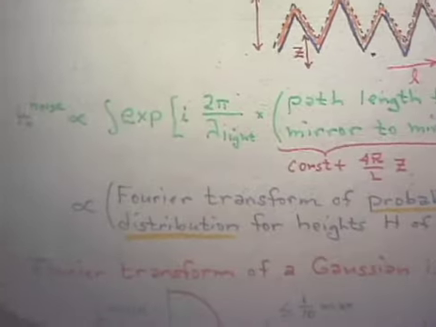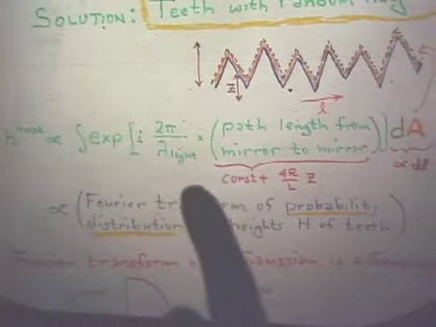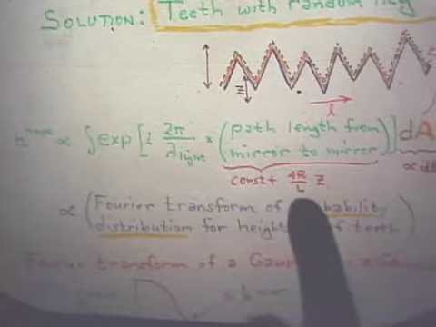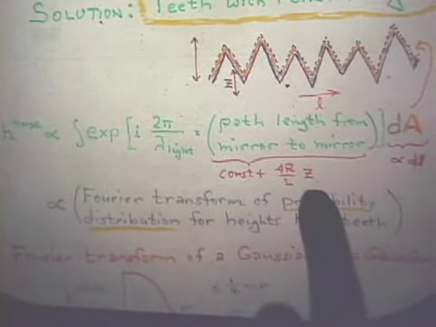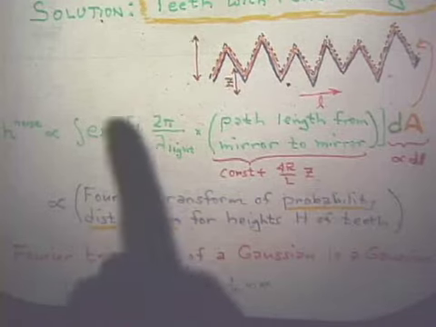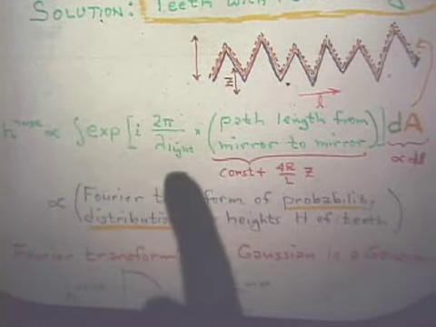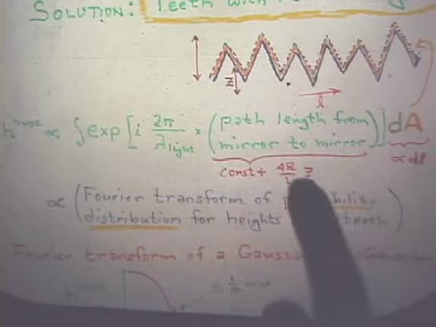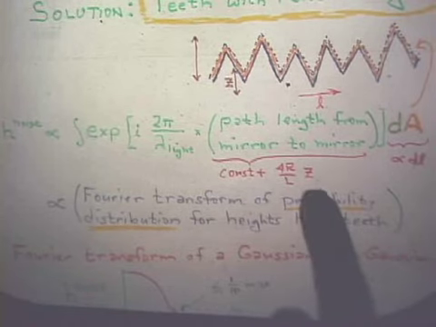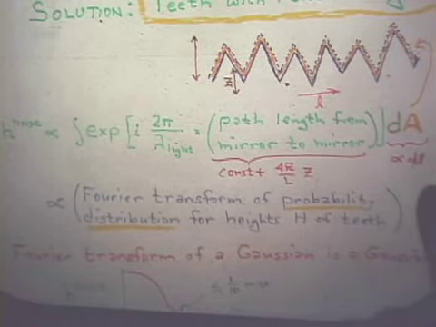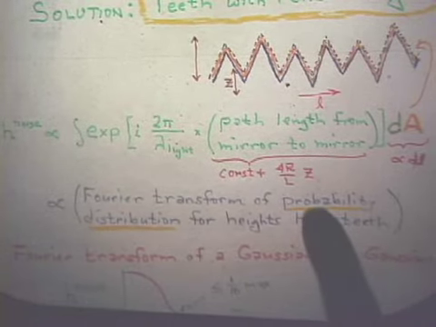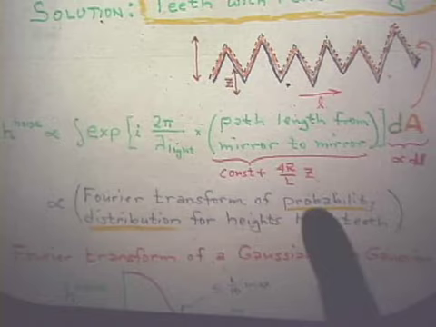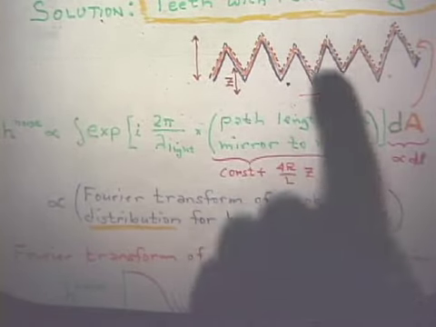It's because you're doing an integral of e to the 2 pi i, with the path length from mirror to mirror proportional to z, and you're integrating this with z being some function of L. And that function of L is actually Gaussian distributed, basically, or the heights of the peaks and valleys are Gaussian distributed.